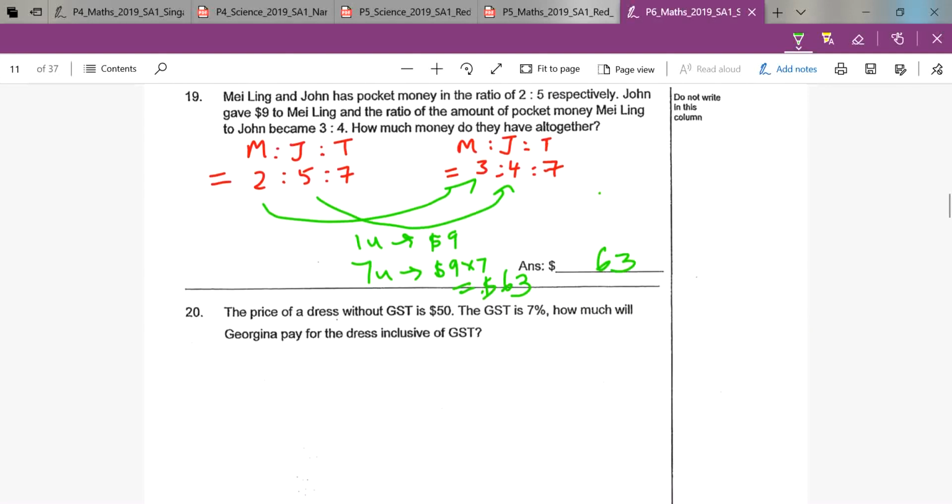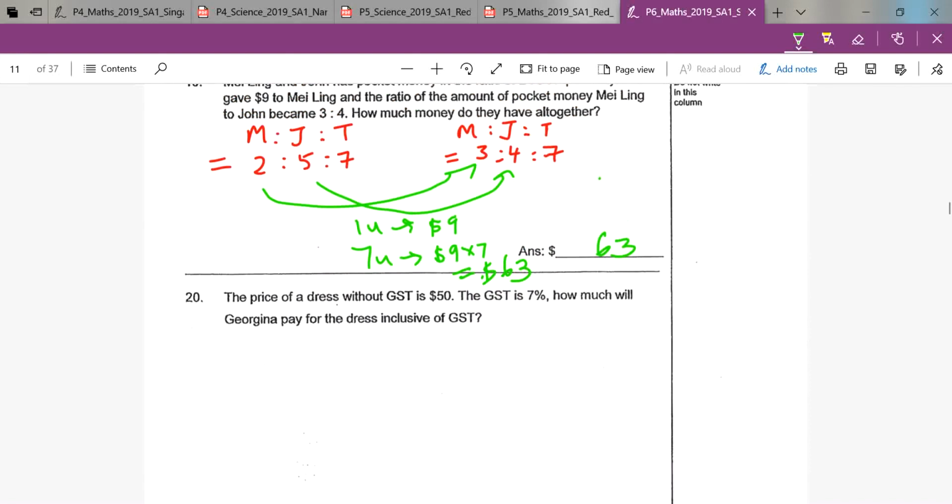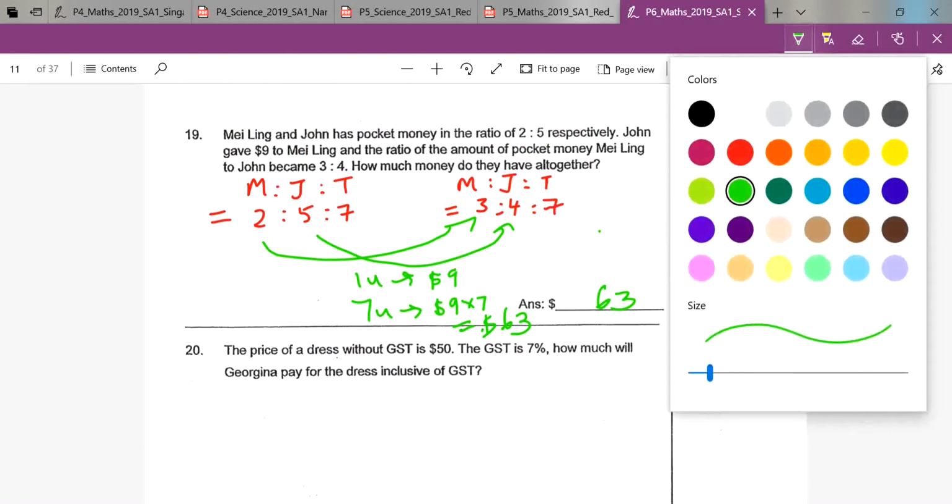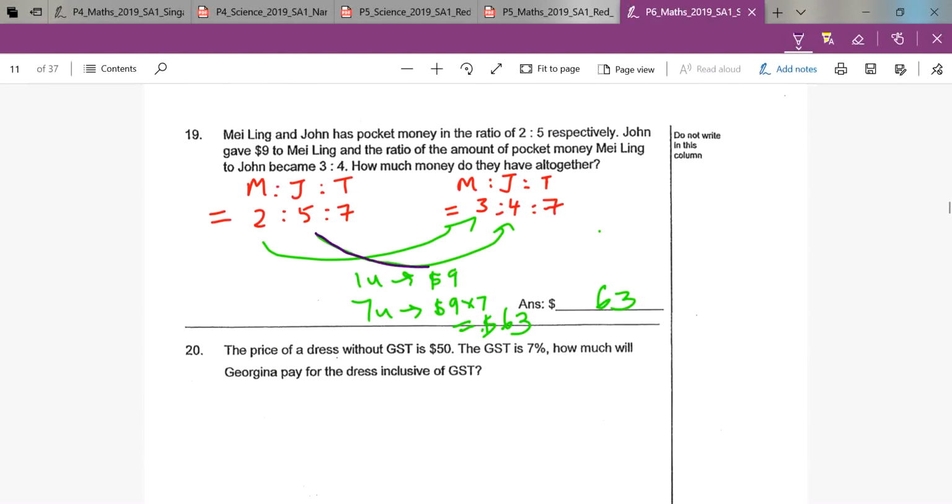Let me just fill this in so that it's easier for you to revise without the video. This is going to be -1. The green one is +1. So that 1 unit is the $9 that has been moved around.